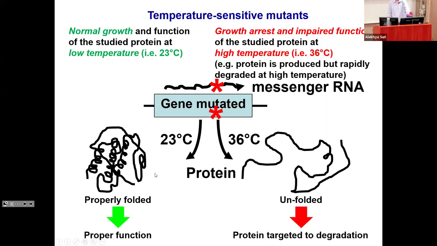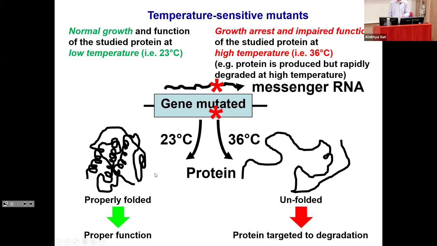So we use here again the same yeast strain, same cells, growing them at room temperature. You would see no phenotype. They grow normally because the protein is properly folded and functioning. Whereas at high temperature, this same protein gets unfolded and the mutant now has a phenotype, for example, it stops growing.